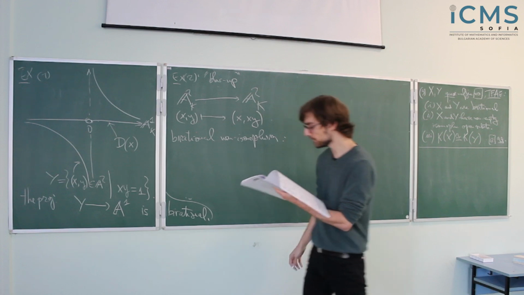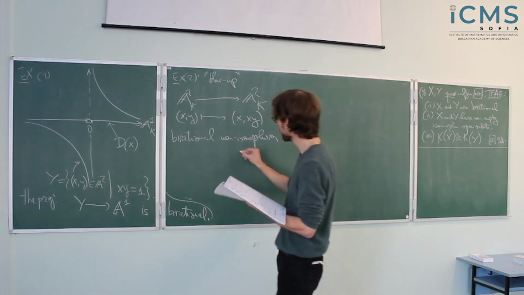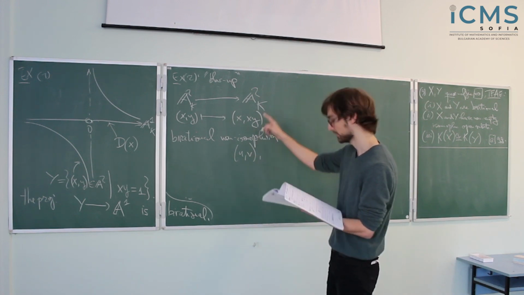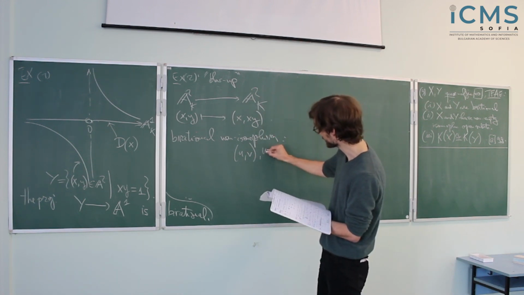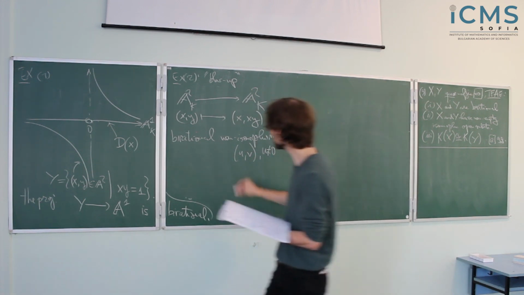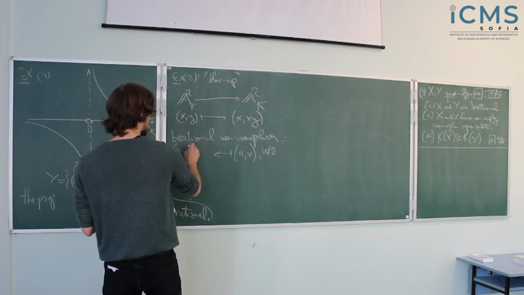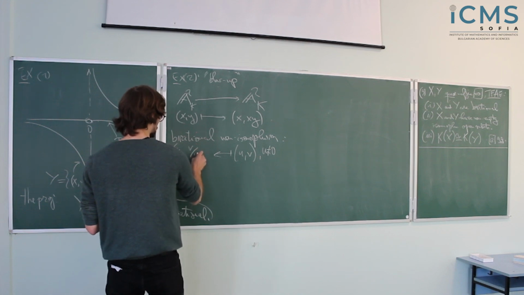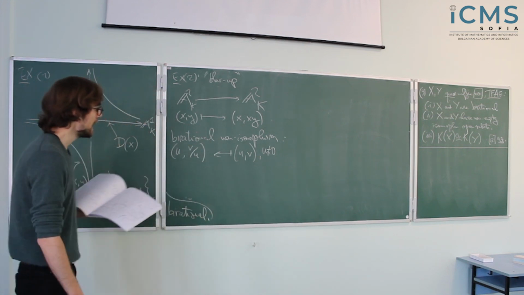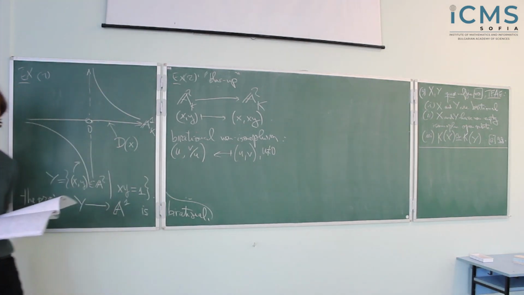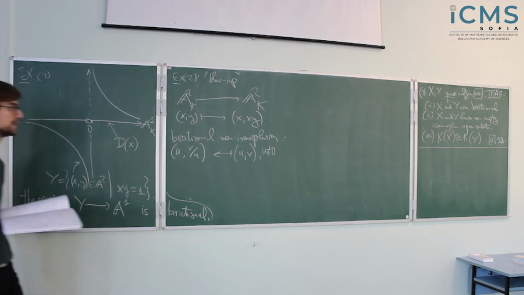Because its inverse is defined for u and v such that u is not equal to 0, we just define u and it's v over u. And these are not bijective at all. Set theoretically, they don't biject at all between the two.